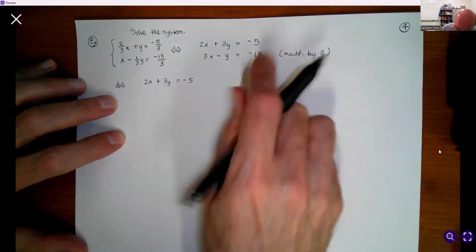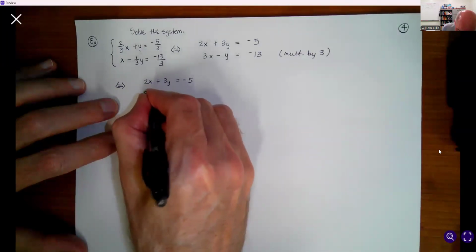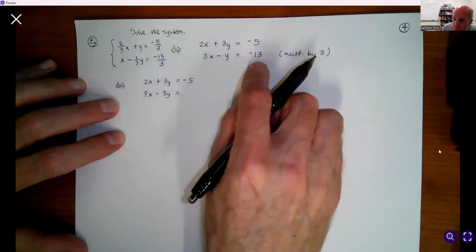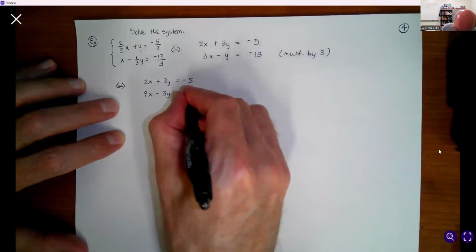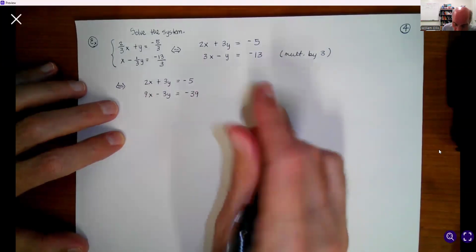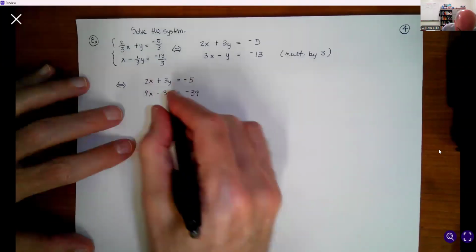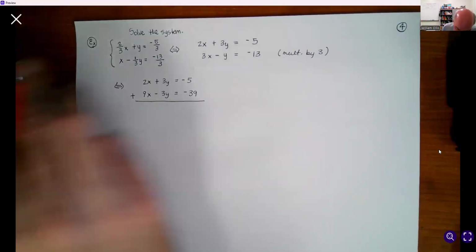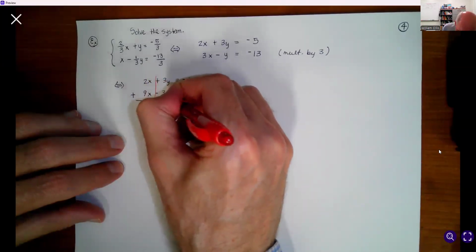And then multiplying this by 3, we get 9x minus 3y. And of course, the 3 times the 13 is 39, so we get a negative 39. Okay? So these are additive inverses. So we will do now the addition. And just note that these absorb.